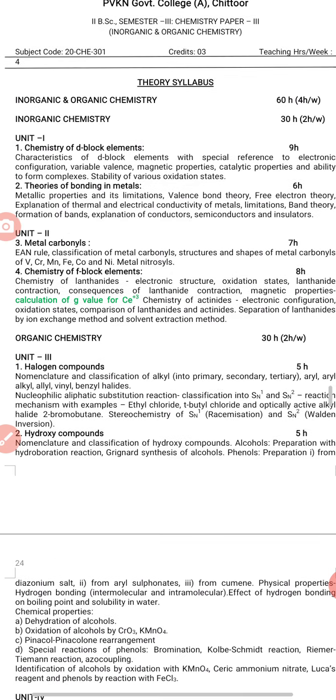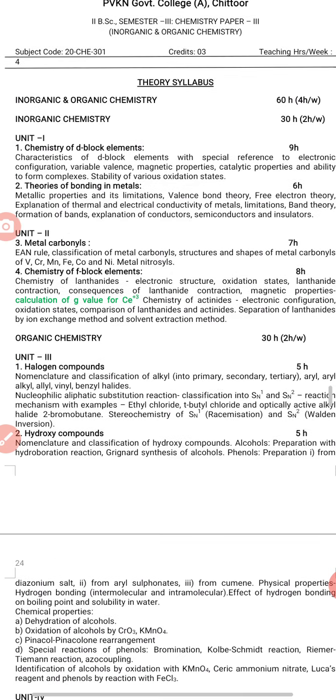So almost all of organic chemistry is covered in the third semester examination. This paper is very tough compared to the remaining semester examination chemistry papers. So now we will discuss inorganic chemistry, unit 1 and unit 3.